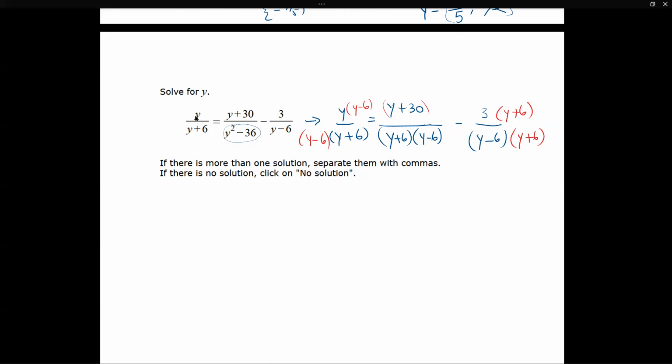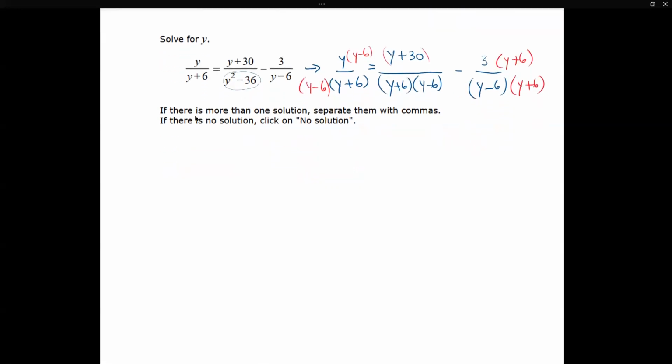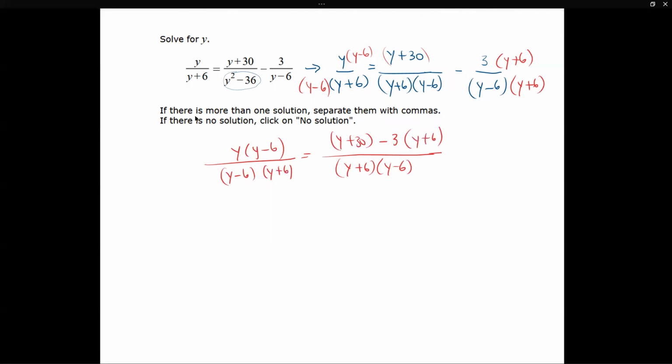So based on the first one we did, that means the left side is right. And these two, like I said, since these two are the same, we keep the common denominator and we attempt to subtract these. Well, we're not subtracting yet, we just show what we're supposed to do.